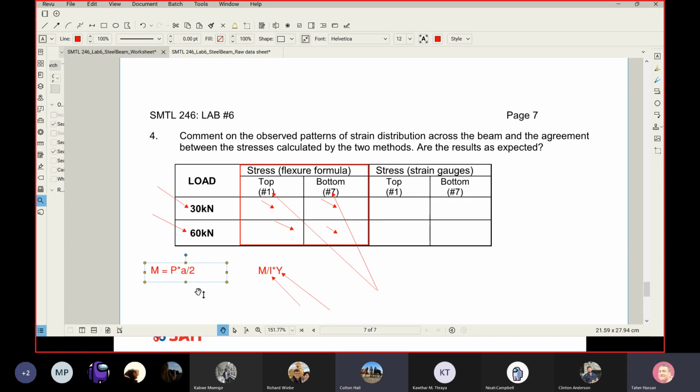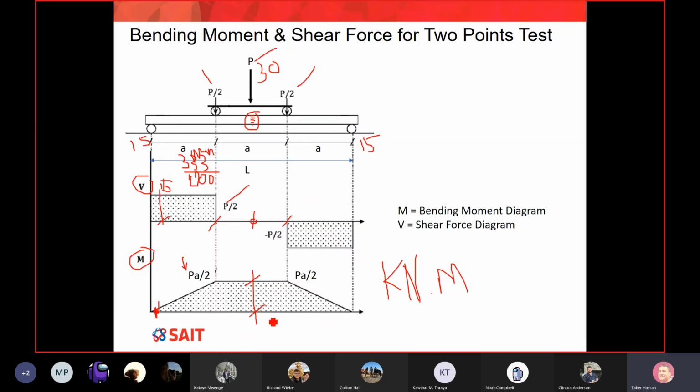Okay, what is the P? 30. Exactly. So for these numbers, P is the same, equal to 30. For those two numbers, how much is my P? 60. Now, how much is my a? I'm not asking you to memorize, but just if you can remember that. In my slide here, what is my a?